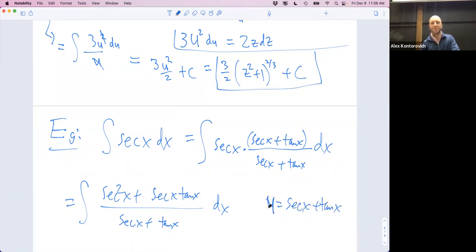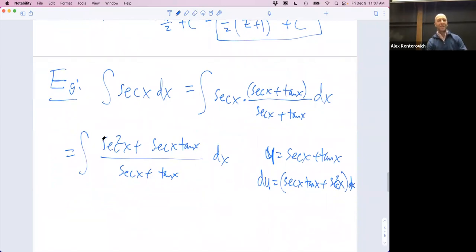If that's u, then du is the derivative of secant, secant tan, plus the derivative of tan, secant squared, dx. So the numerator times dx just happens to be the thing that we need for du.